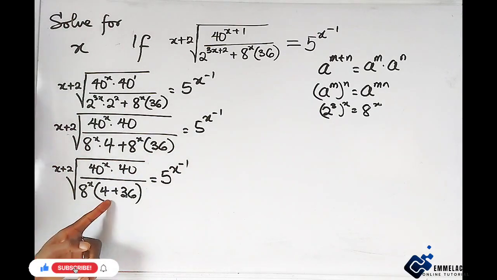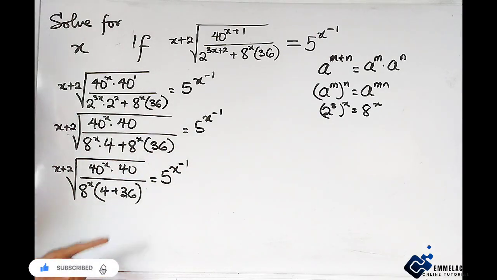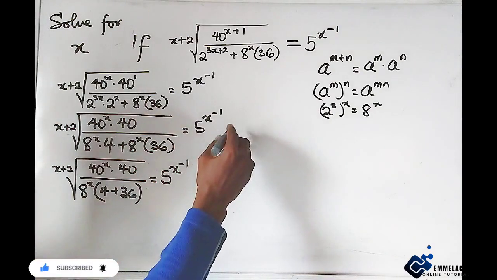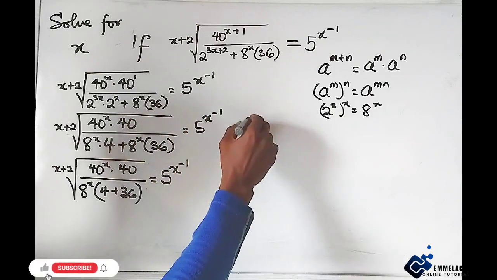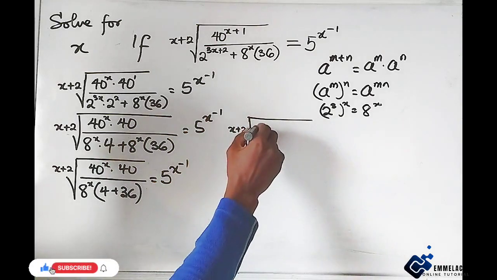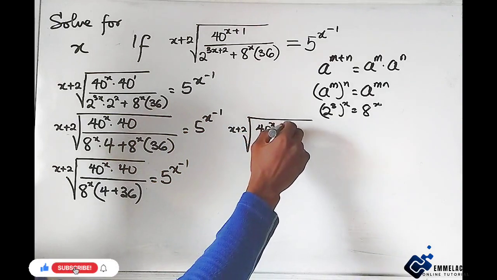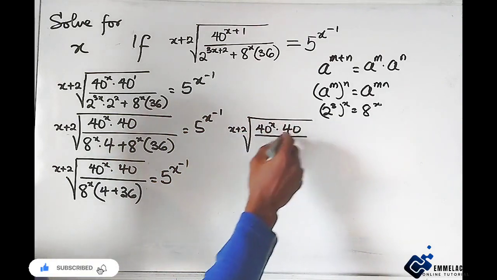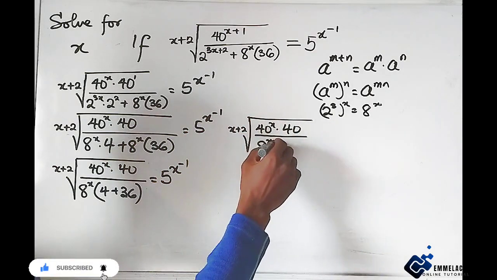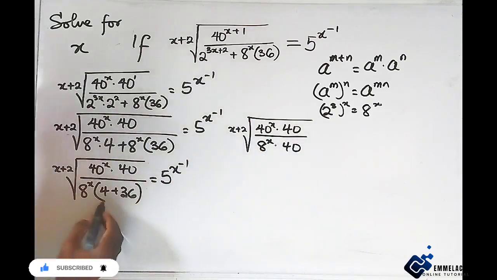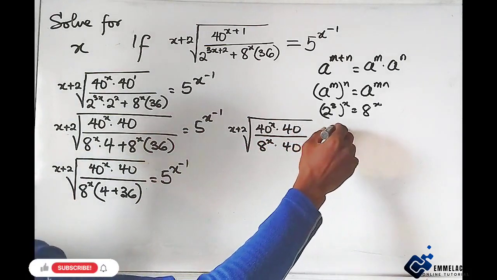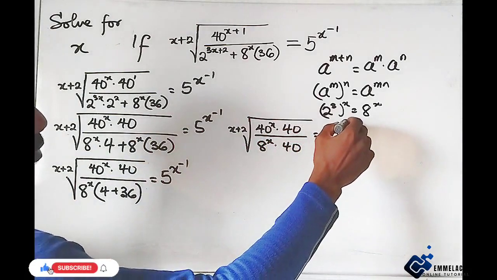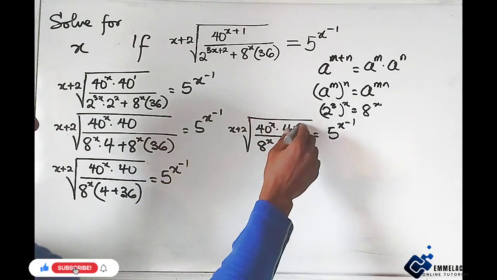Now 4 plus 36 will give us 40. So we have the (x+2)th root of 40 raised to the power of x times 40, all over 8 raised to the power of x times 40, equals 5 raised to the power of x, raised to the power of minus 1. Then we can eliminate the 40.